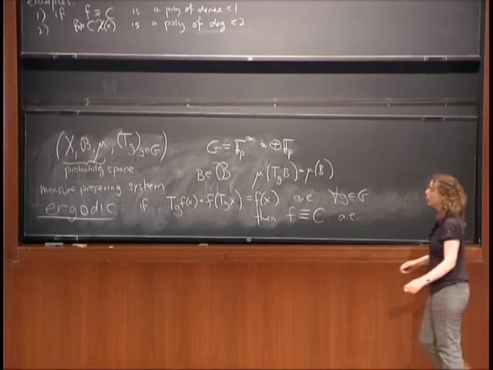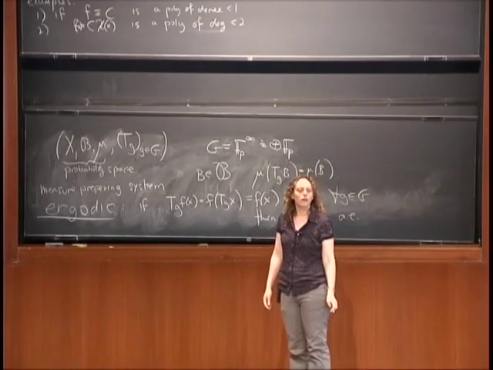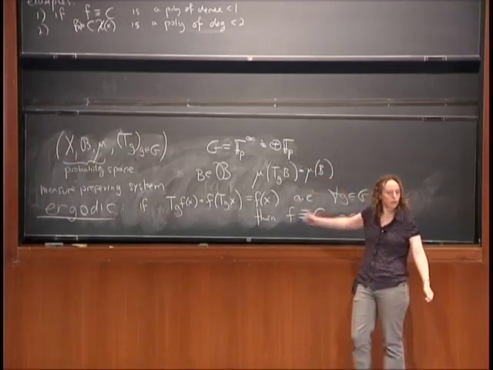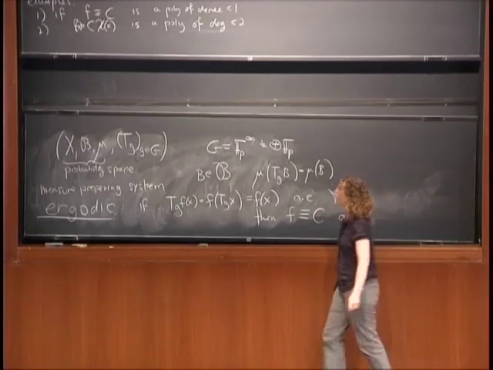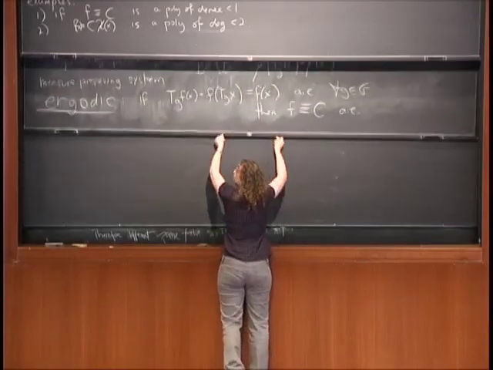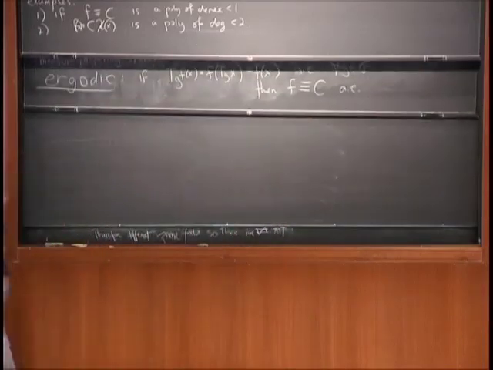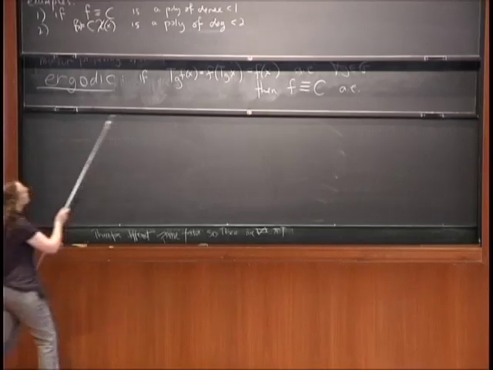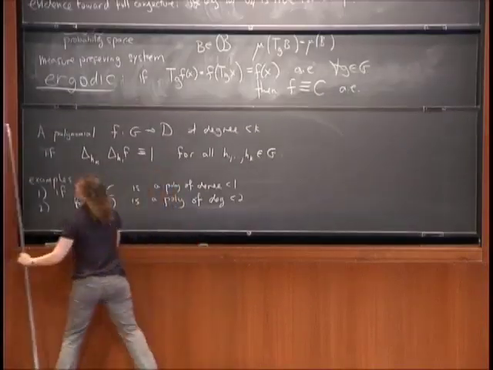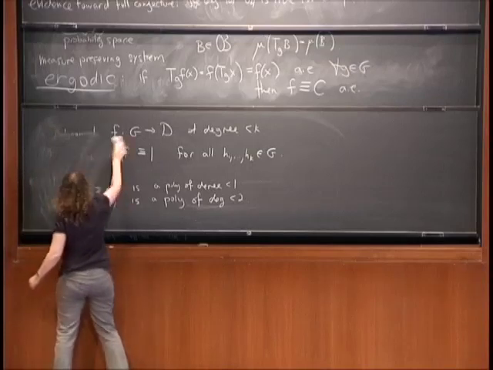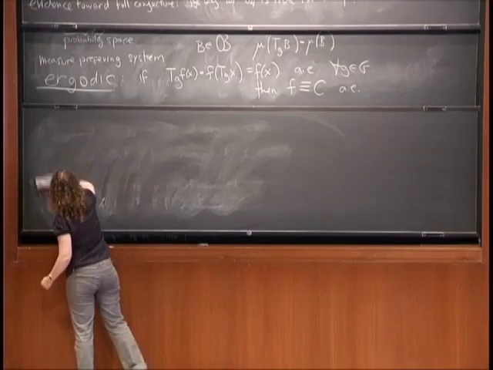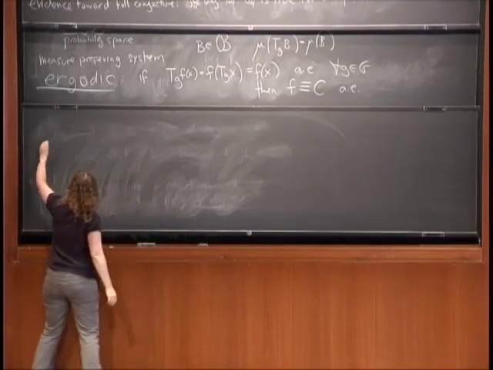So how do we define a polynomial? Well, we can imitate what we did in the finite case. We had this discrete derivative. There we differentiated with a group element. We can also differentiate here using our group elements. So what is a derivative?